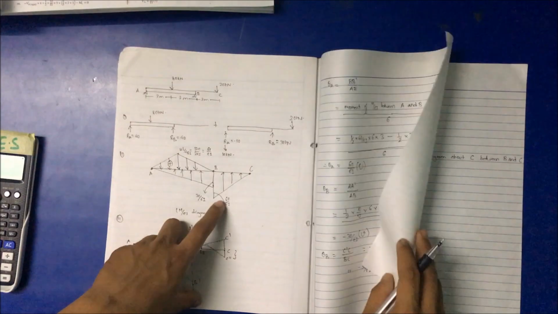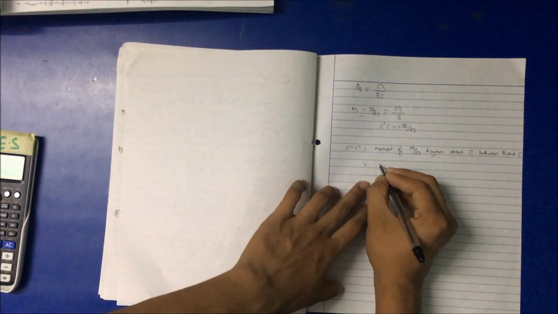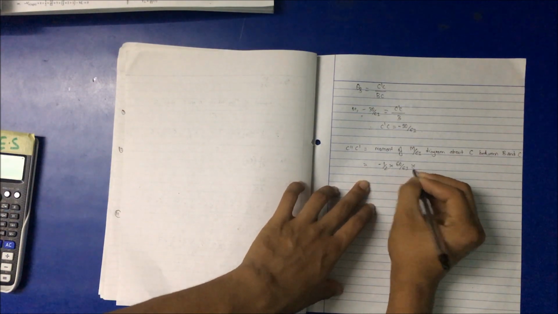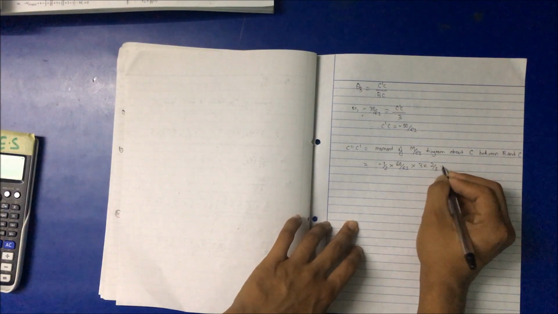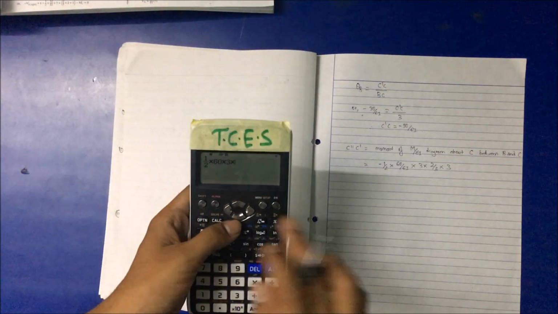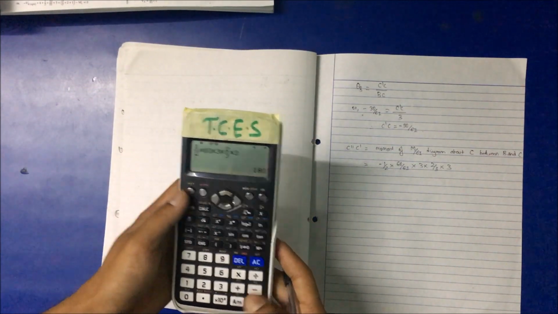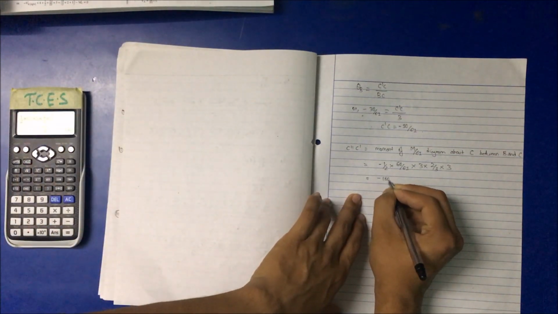Make sure you are going to the right hand side, so it will be clockwise, so it will be negative, so minus 1 by 2, 60 by EI multiplied by the span length, that is 3 meter, towards the apex, so 2 by 3 into the span length, so 1 by 2, 60 into 3 into 2 by 3 into 3, we get 180, that is minus 180 by EI.